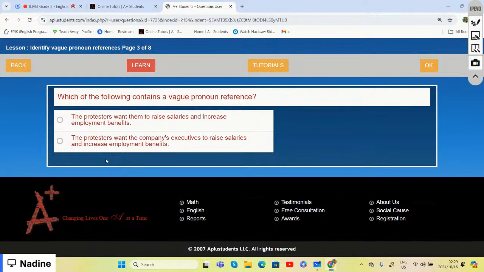It says the protesters want them to raise salaries and increase employment benefits. Option 1. And option 2 says the protesters want the company's executives to raise salaries and increase employment benefits.